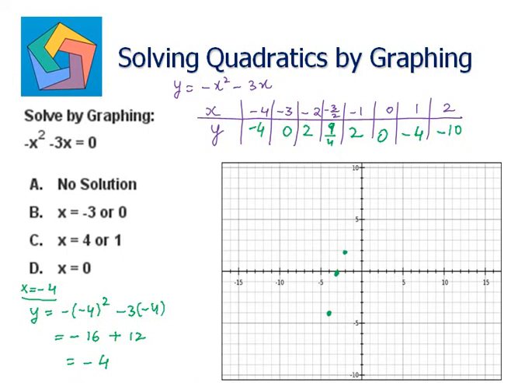It will lie somewhere here. Negative 1 comma 2. 0, 0. 1, negative 4. 2, negative 10. So here we can add one more point since it will be symmetrical, so the value at negative 5 will also be negative 10. So let us join.